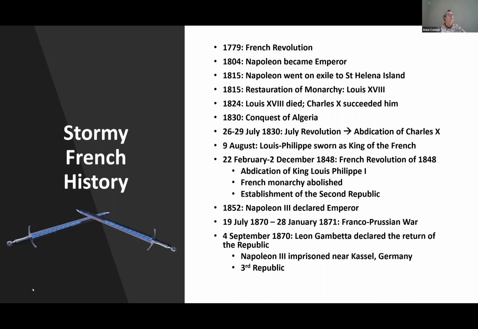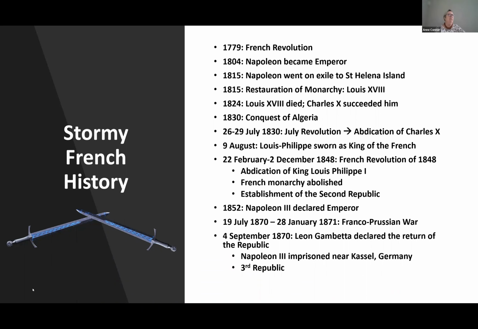And this time for good, the French monarchy is abolished, and it's the establishment of the Second Republic. By the way, the First Republic was that short period of time when Napoleon was exiled to the island of Elba, before he came back. And so that was the First Republic. So this is the Second Republic.